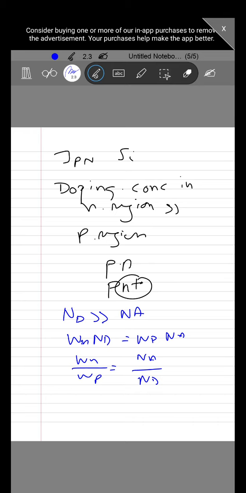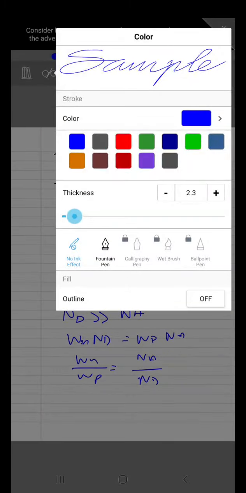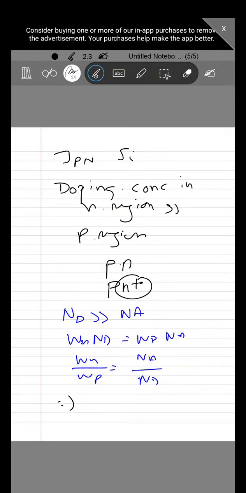If Na is much less than Nd, or Nd is much greater than Na, it will imply that Wp is much greater than Wn. So the depletion region will almost lie entirely in the P side.